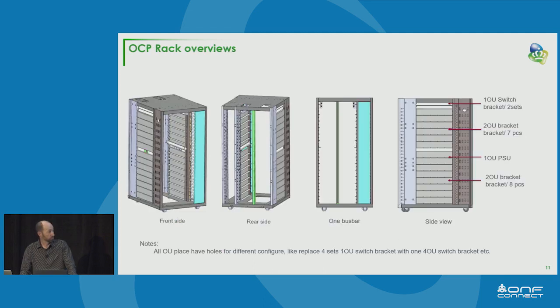A bit more about the rack, so some pictures from different angles. So all the OU places have options. In the example, it has, for instance, 2 OU brackets, but you can also replace it by 1 OU bracket, so you can put in more switches.